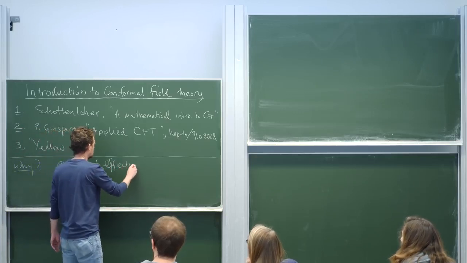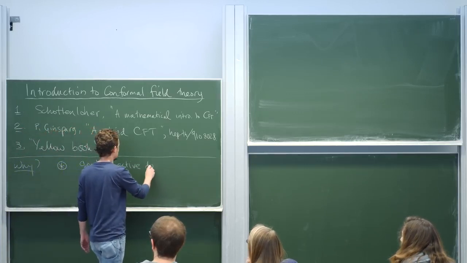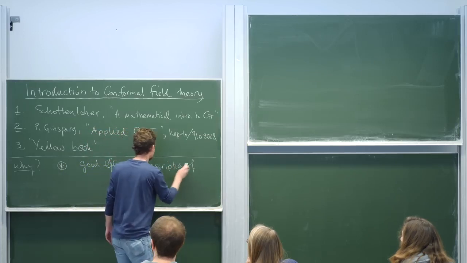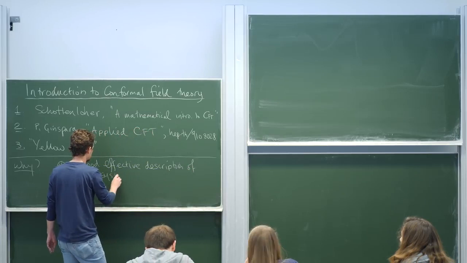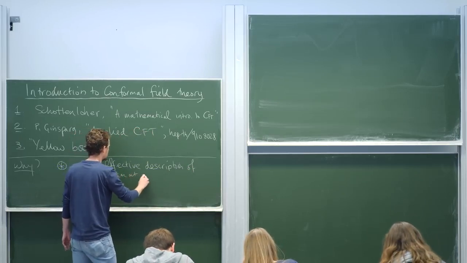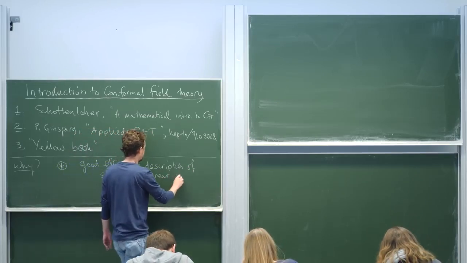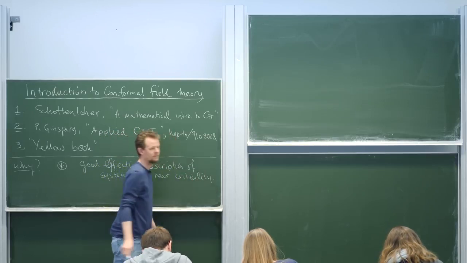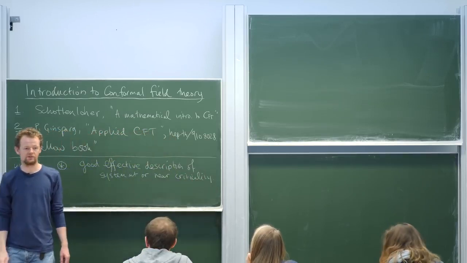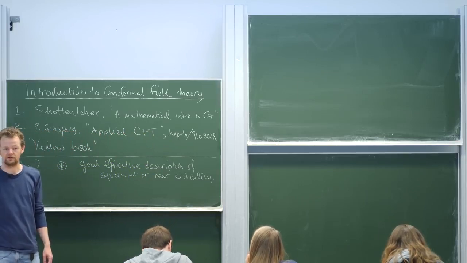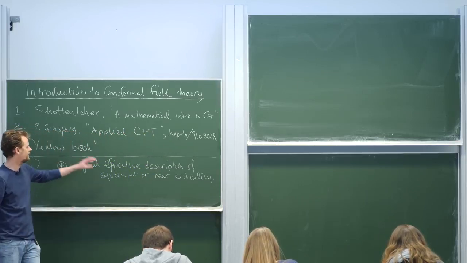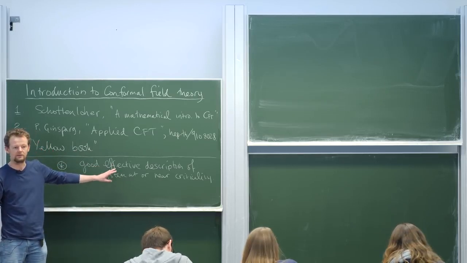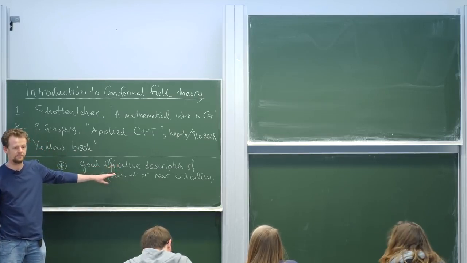If you have a many particle background, then the main core reason why you should study conformal field theory is that they provide a good, effective description of a system which is at or near criticality, namely at or near a second-order phase transition.